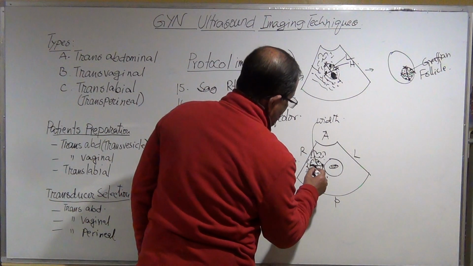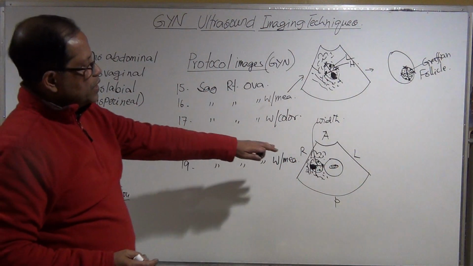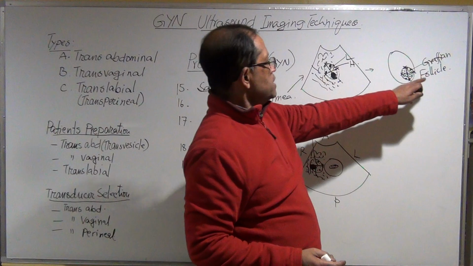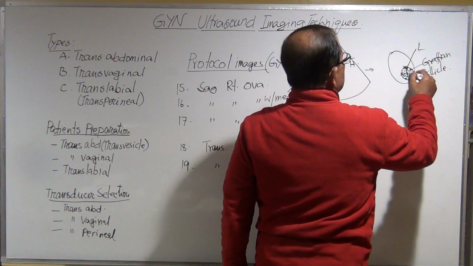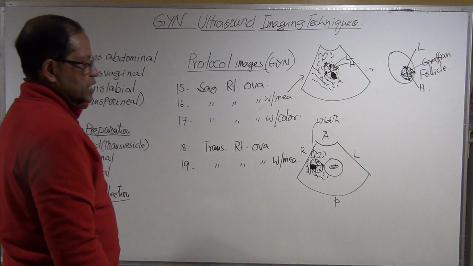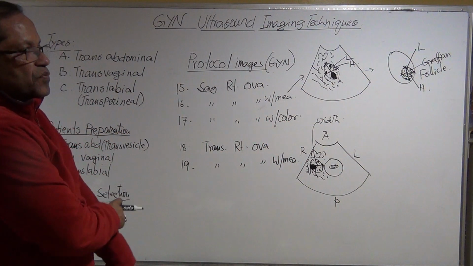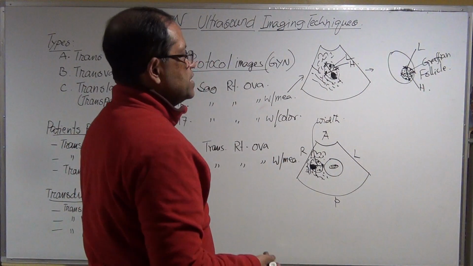This is the mature follicle. You measure its width, so you get the length, height, and now width. You can get the follicle size and the ovarian size too.